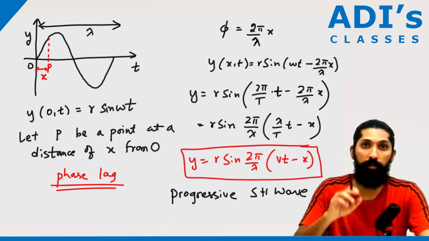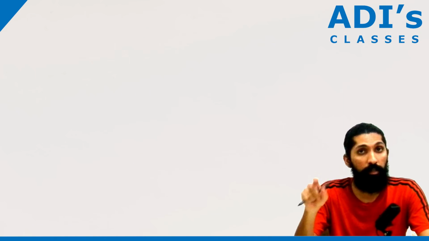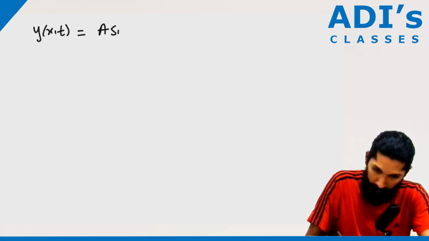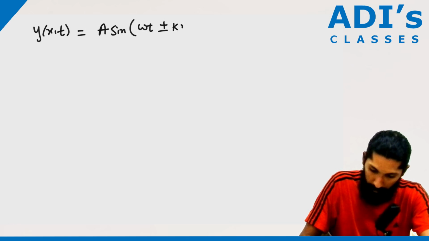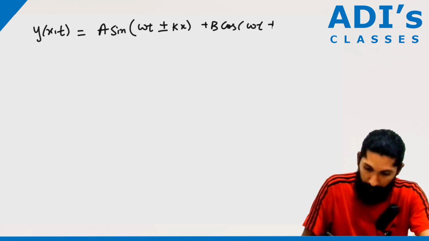Another way of finding the equation of a progressive wave: we can take sine and cosine, because both sine and cosine are simple harmonic functions. That means we can write y of x comma t is equal to a sine of omega t plus or minus kx plus b cos of omega t plus or minus kx.